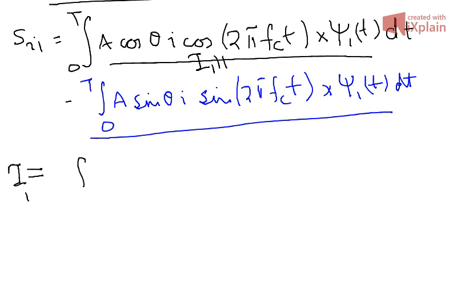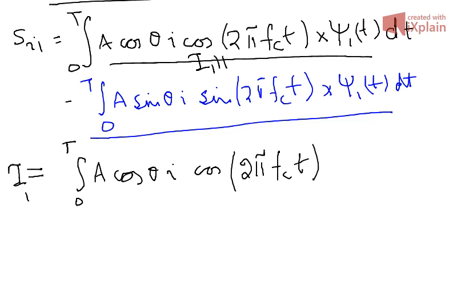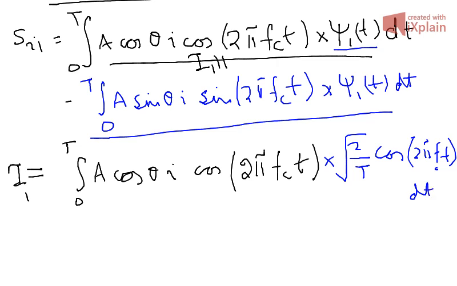So I1 is actually equal to the integral from 0 to T of A cos theta I cos 2 pi f ct, and psi 1 of t is under root 2 over T cos 2 pi f ct, and then we have dt. So this is I1.